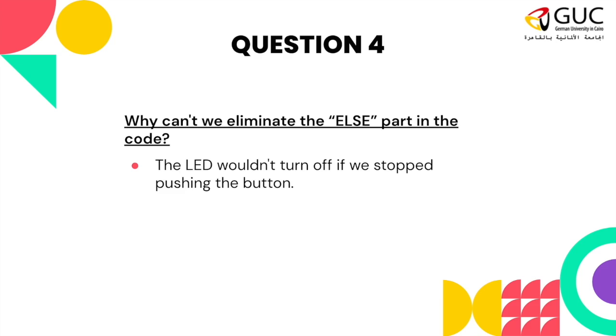So if I pressed the button and I did not have an else part in my code, the LED will continue to be on forever. However, if I have an else part and I remove my finger from the button, the LED will turn off because the else part clears bit number 6, and clearing bit number 6 in the ORAG means I'm sending a low signal, so the LED will be turned off.